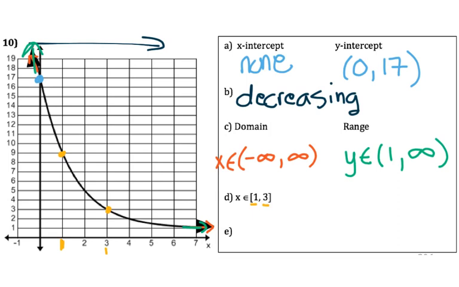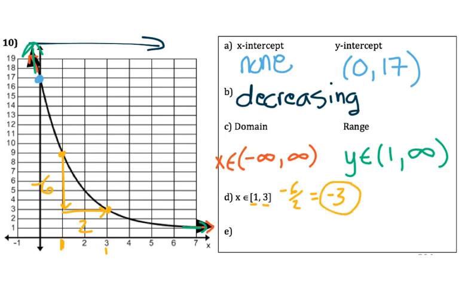Now that we have these 2 points, we're going to find the average rate of change between them. We start with the point on the left, and we go down from 9 to 3, which is a decrease of 6, so negative 6. And then we go to the right 2, from 1 to 3, that's a positive 2. So our average rate of change is negative 6 over 2, which can simplify to negative 3.